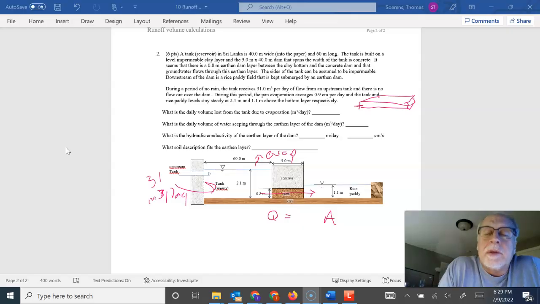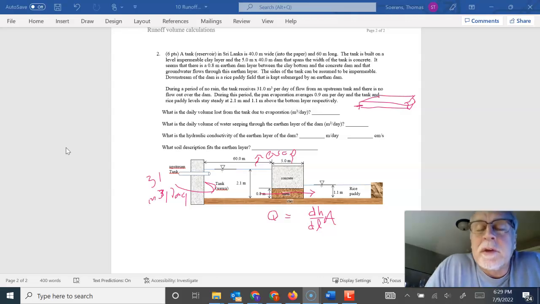So we have the change in head with length. So the change in head, well, you got 2.1 meters on this side, 1.1 meters on that side, so you have the change there. Length is the length along the direction of flow, the 5 meters.